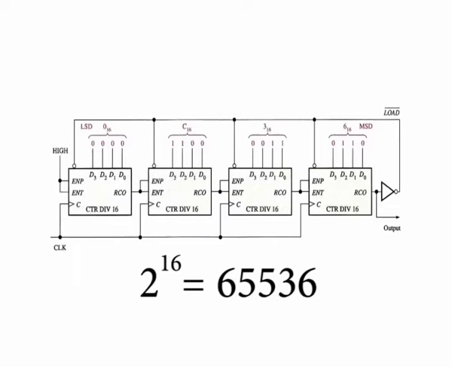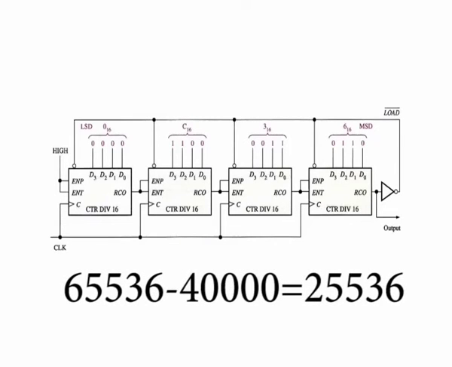Let us assume that a certain application requires a divide by 40,000 counter, that is, modulus 40,000. The difference between 65,536 and 40,000 is 25,536, which is the number of states that must be deleted from the full modulus sequence.